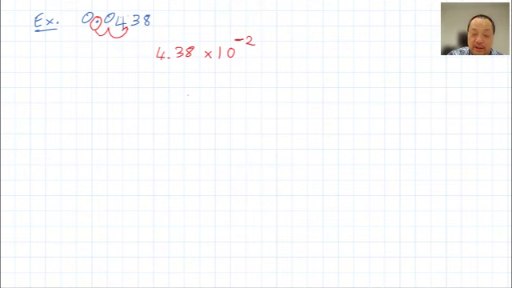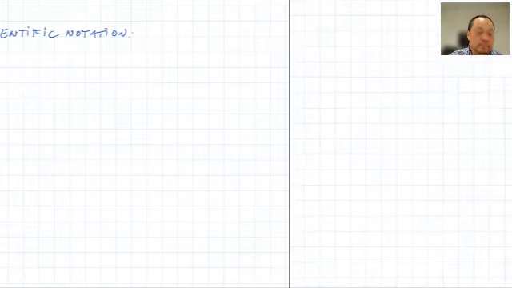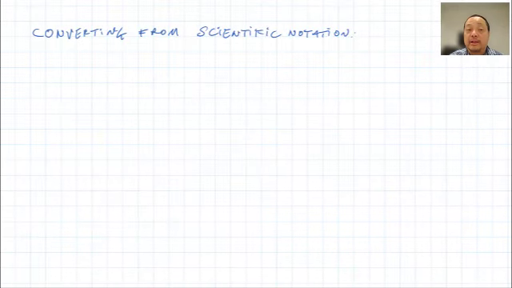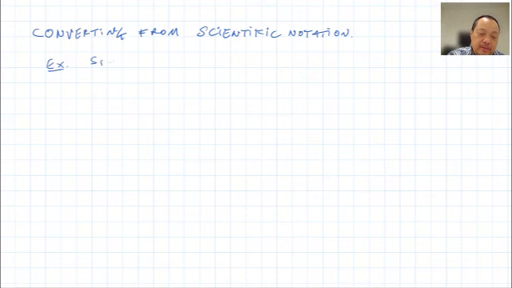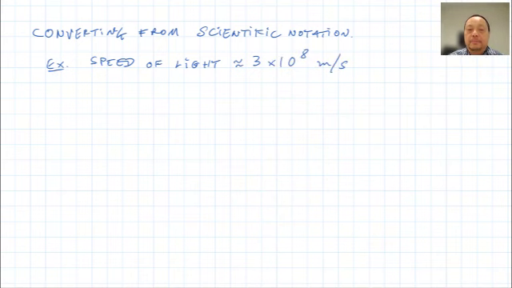Now let's work the other way around. Converting from scientific notation. For example, if I'm given that the speed of light is approximately 3 times 10 to the 8th meters per second, how do I convert this back to regular numbers?